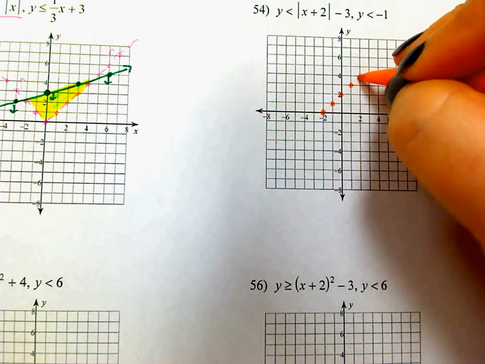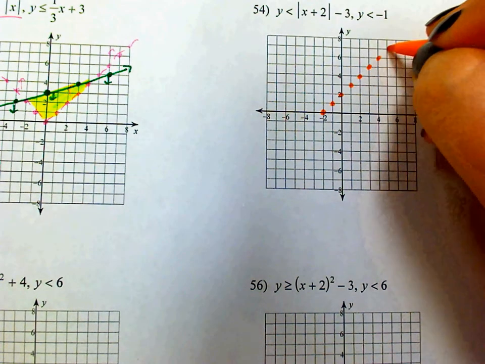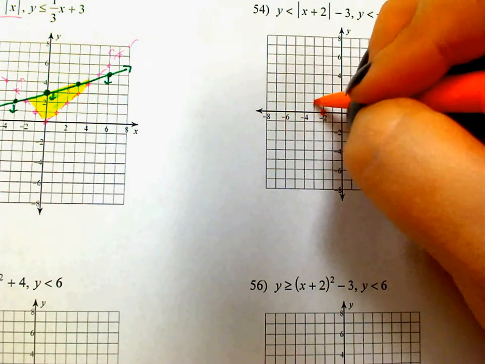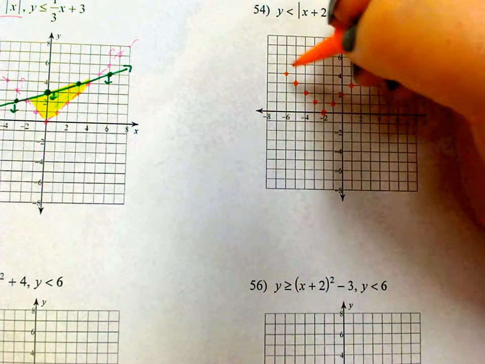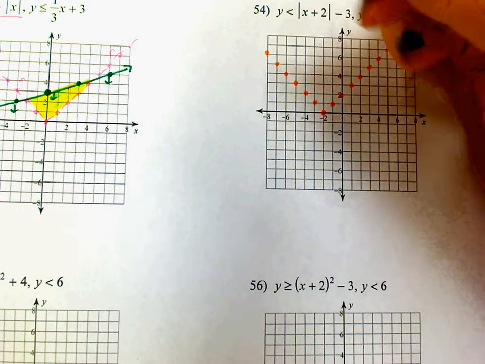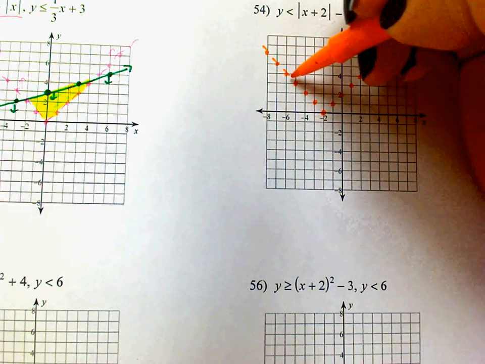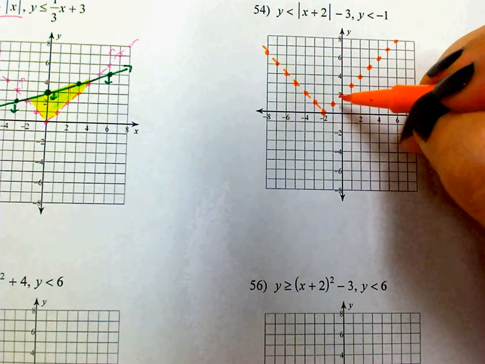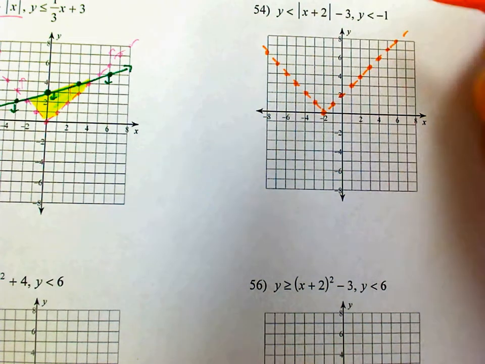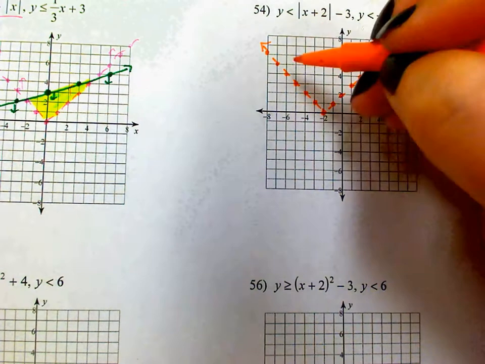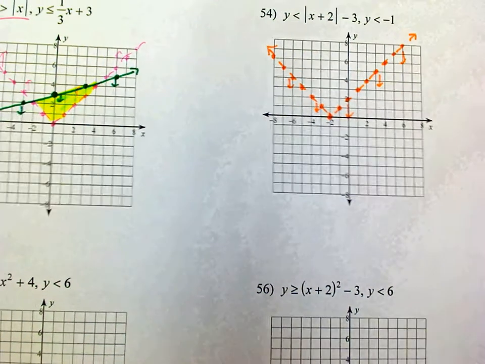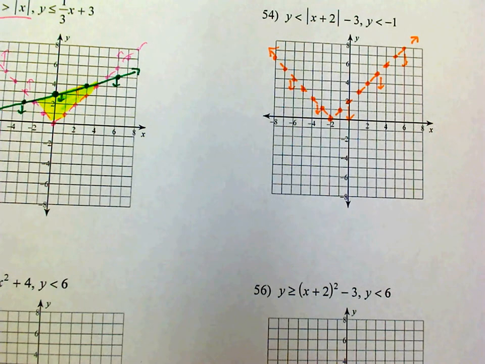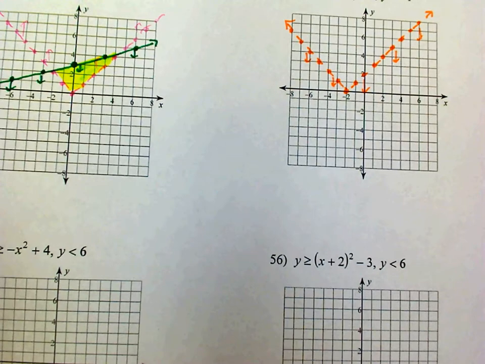It does say less than, so I'm going to do a dotted line because it didn't say equal to. And it says less than, so I'm going to draw arrows going down, so I know I need to shade below that one. Okay? Oh my goodness, I completely forgot the -3. My bad. Okay, just kidding, it's the left 2 and down 3: 1, 2, 3.